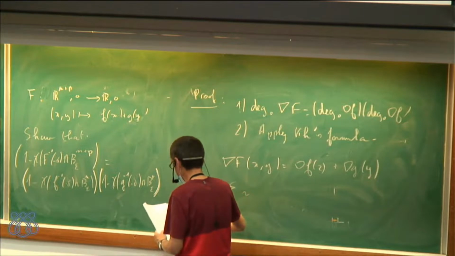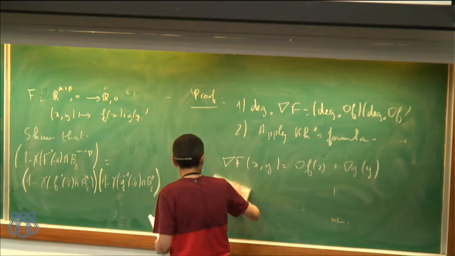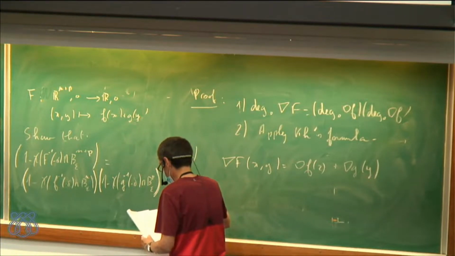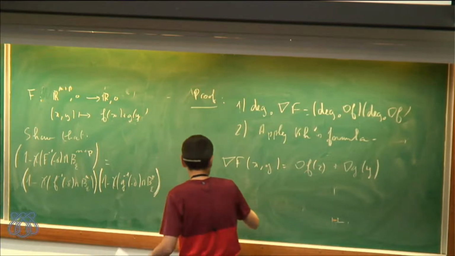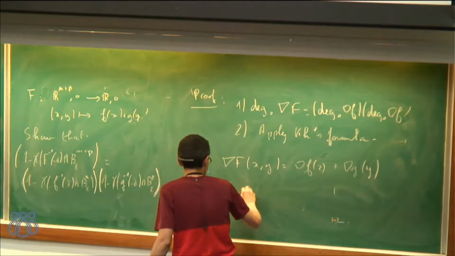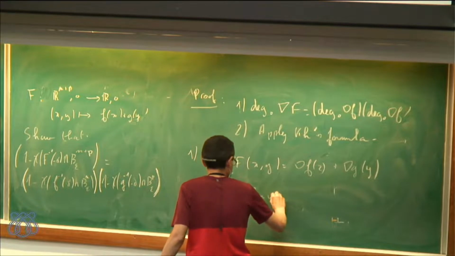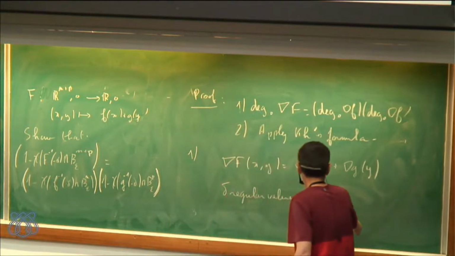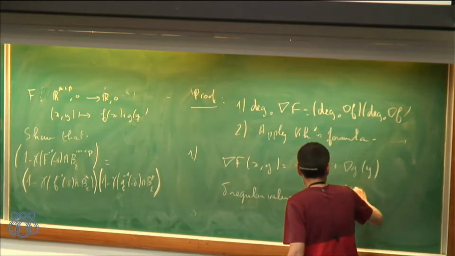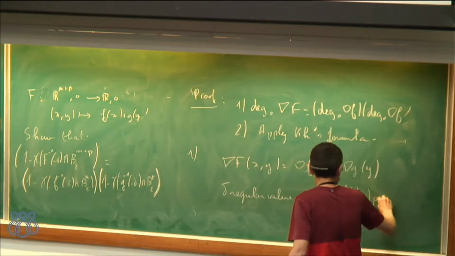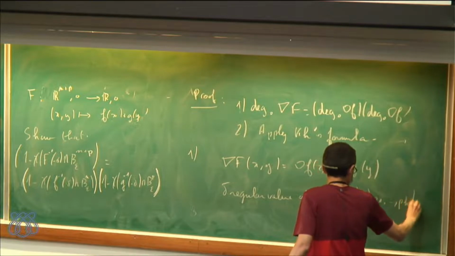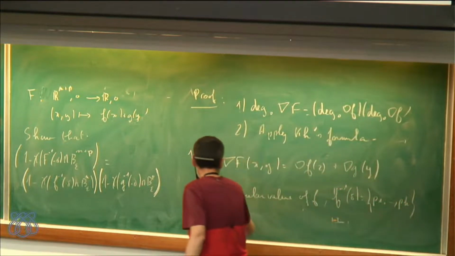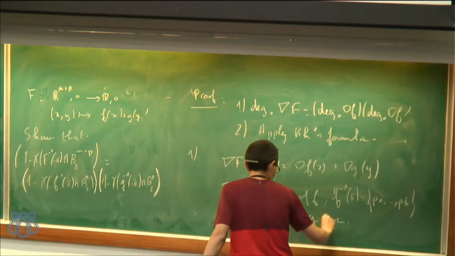No, maybe epsilon is not a good notation because it's a radius of the sphere. Let's say delta, regular value of f. So delta prime of g.